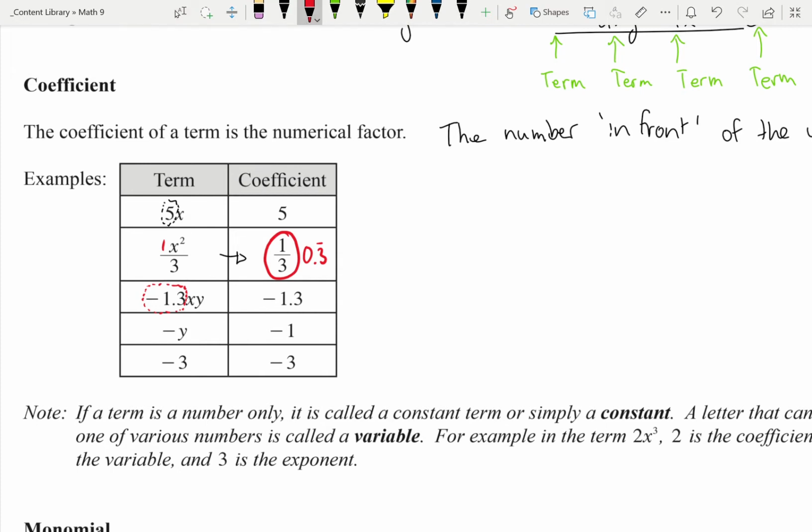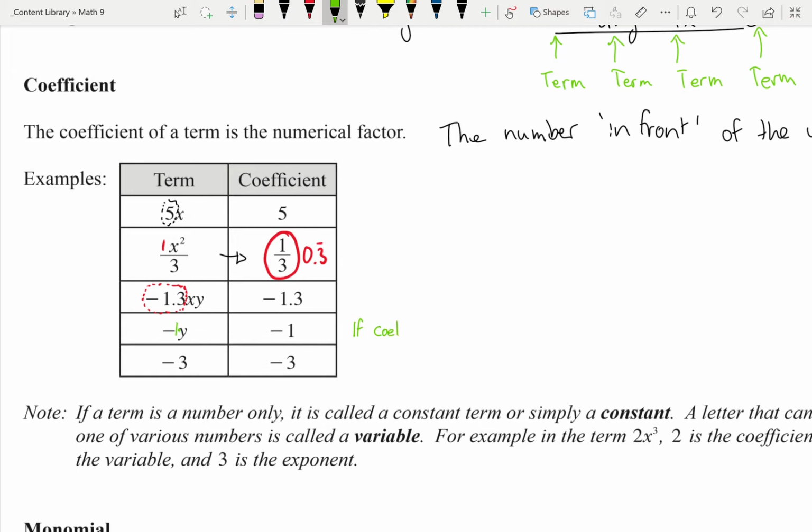A couple of things. If you have something like negative y, I can't just say the coefficient is negative. There is a hidden number 1 being multiplied here, because 1 doesn't change anything. So if our coefficient is 1, we generally leave it invisible in the term.